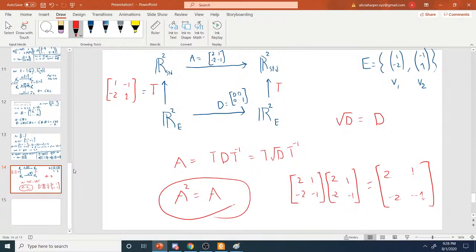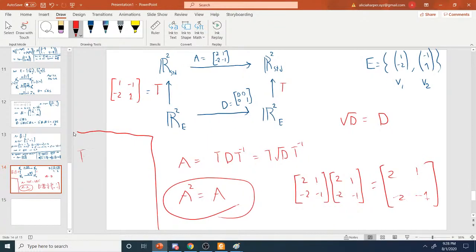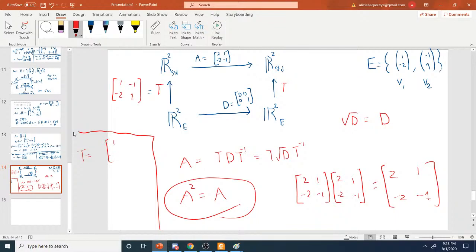So let me show an alternative formulation to this. First, let's note that T here is equal to 1, -2, -1, 1. In which case the determinant of T is equal to -1.